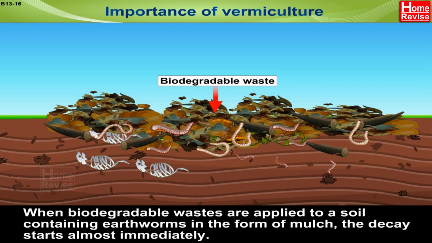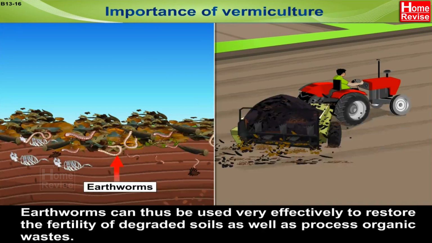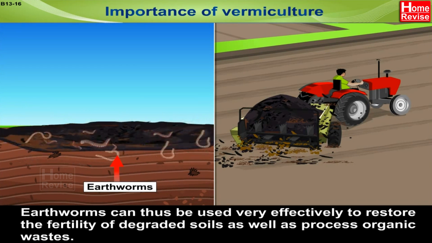When biodegradable waste is applied to a soil containing earthworms in the form of a mulch, the decay starts almost immediately. Earthworms can thus be used very effectively to restore the fertility of degraded soils as well as process organic waste.